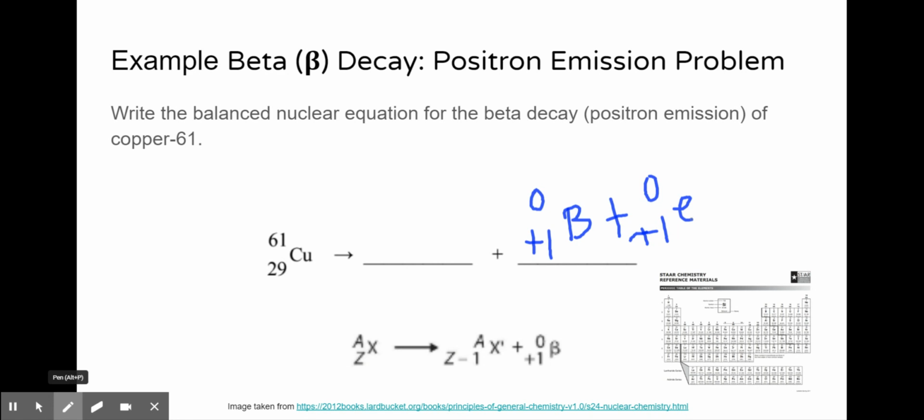Now I'm going to take one less proton, so instead of 29, I have 28 protons. My mass number stays the same. So I need to go to my periodic table and find 28, which is nickel. So the daughter isotope to the positron emission of copper-61 is nickel-61 and a beta, a positron.